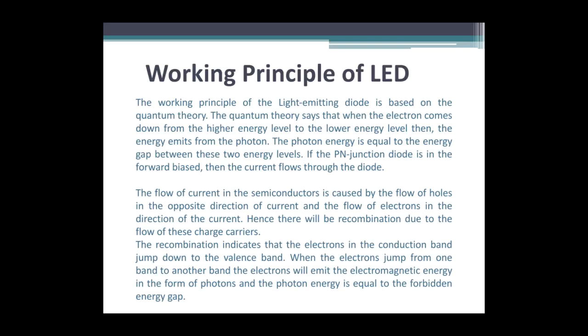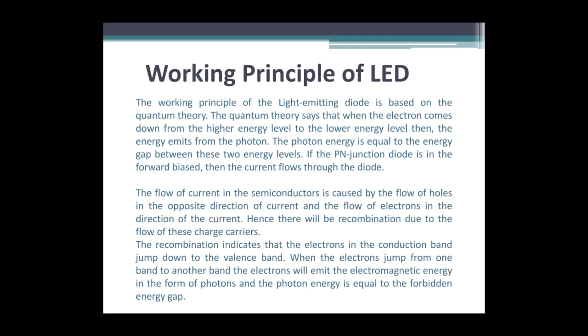If the PN junction diode is in forward bias, then current flows through the diode. The flow of current in semiconductors is caused by the flow of holes in the opposite direction of current and the flow of electrons in the direction of the current. Hence, there will be recombination due to the flow of charge carriers.